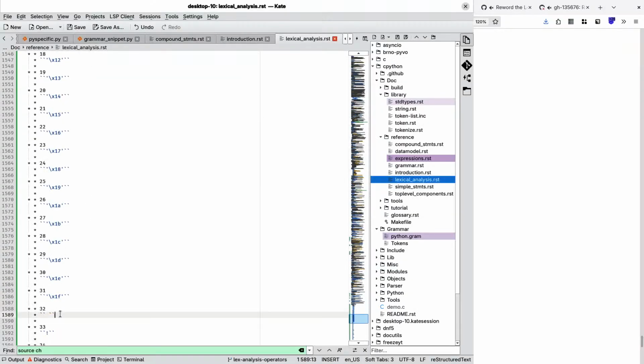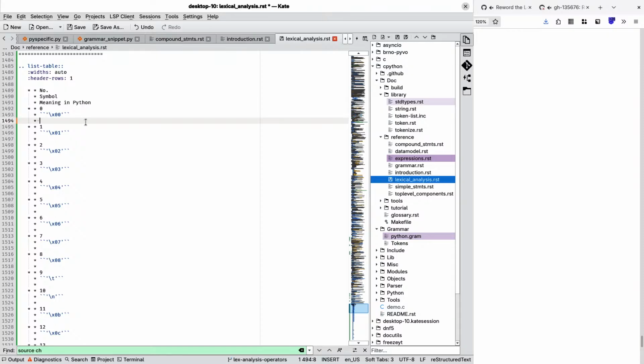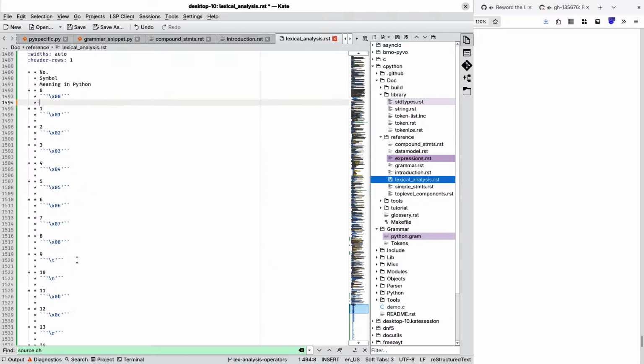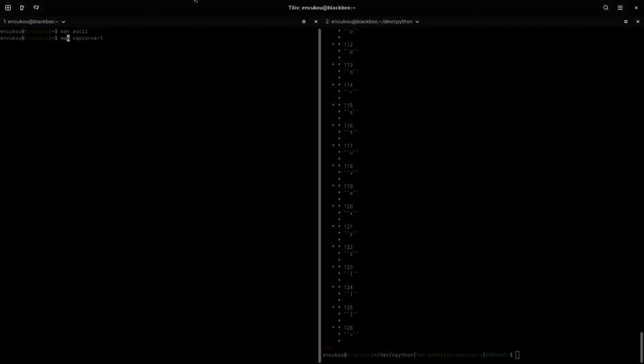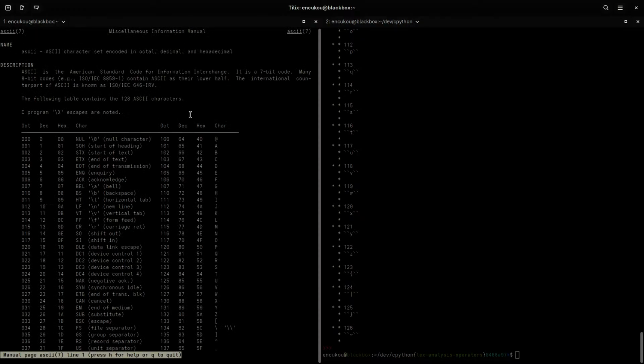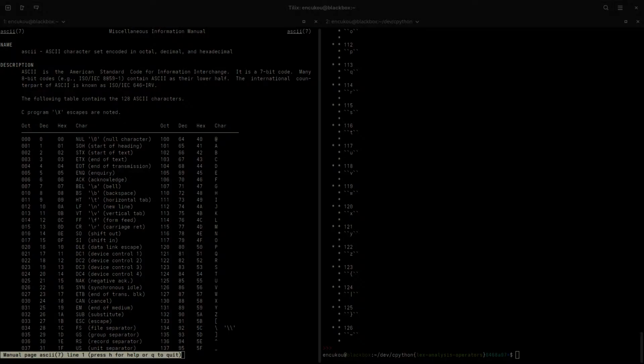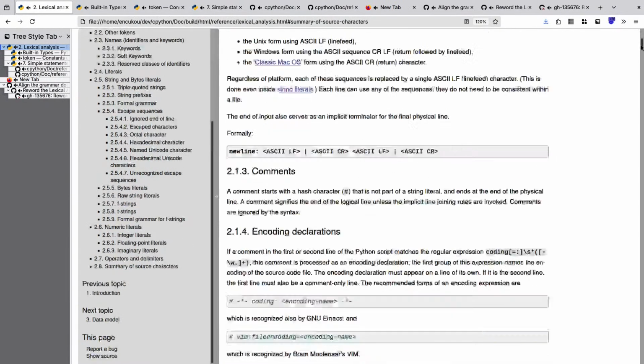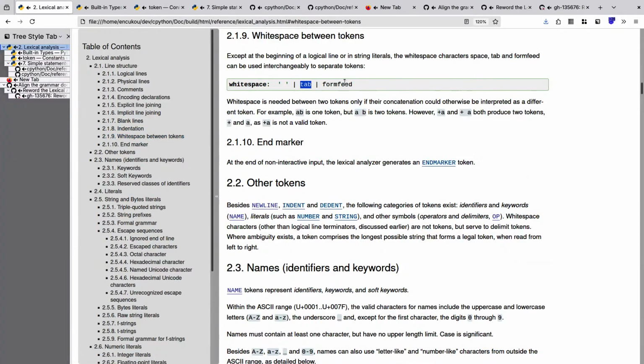Now then we have the space. And then we need to say which ones of these are okay as white space. That's tab and form feed.